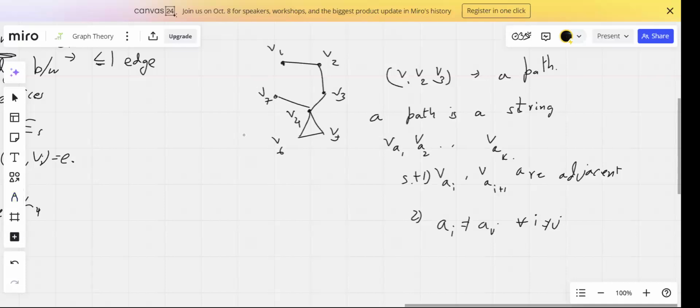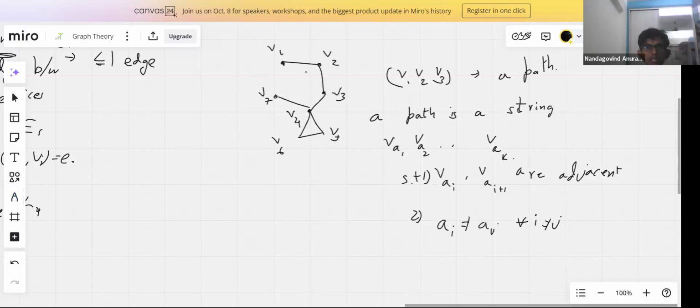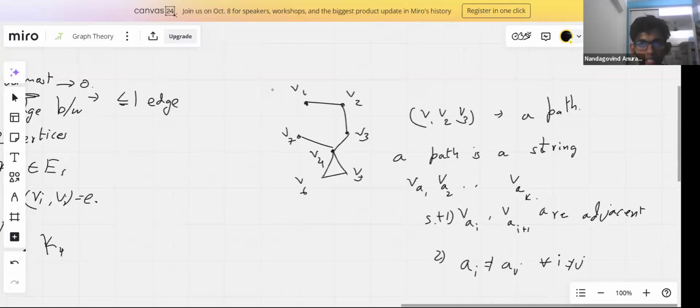Can you explain this one again? Yeah. So the point in a path is that you don't visit the same vertex again. All vertices that belong to a path are unique.